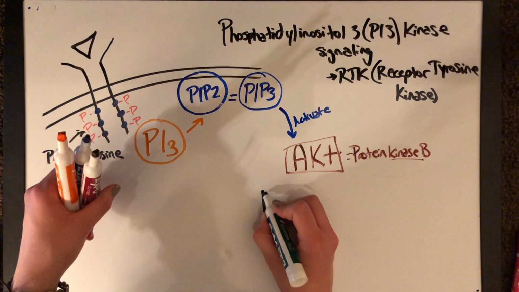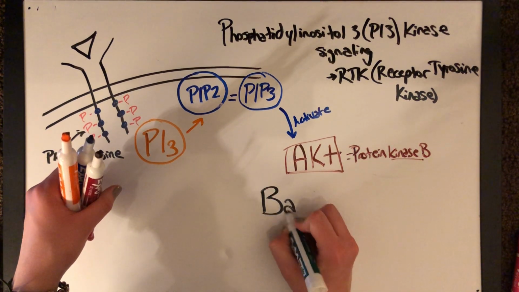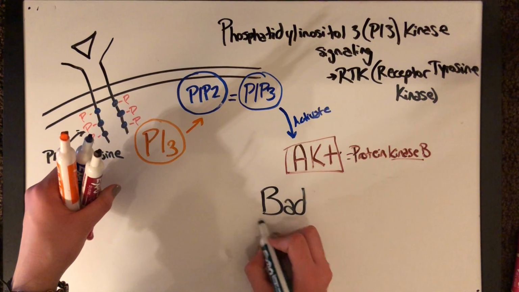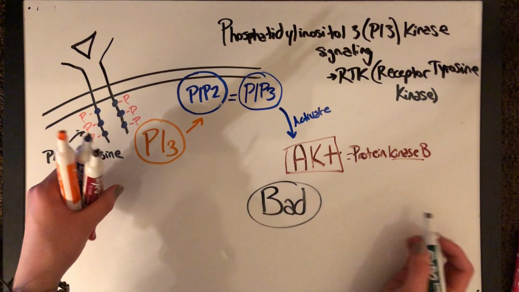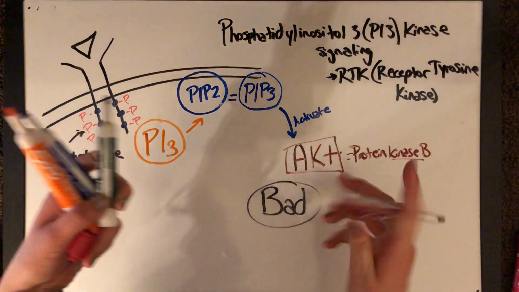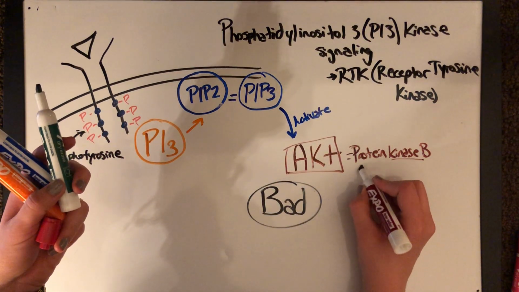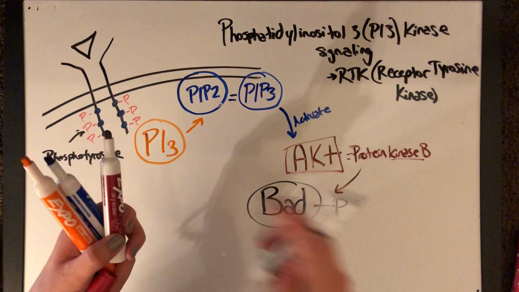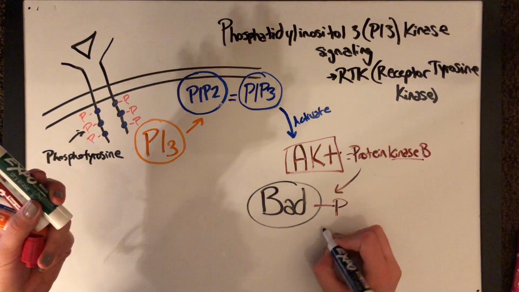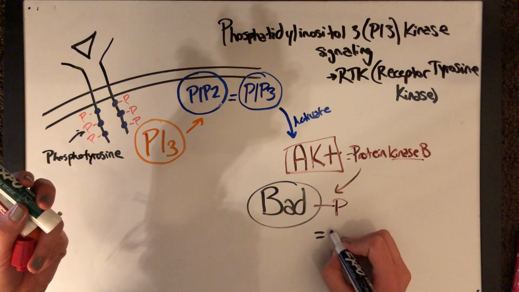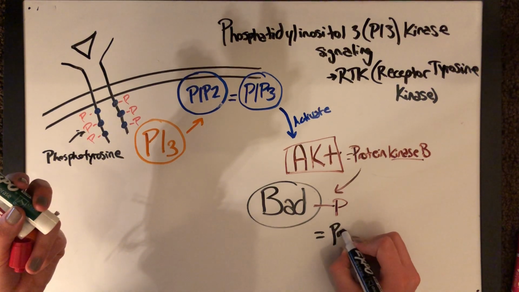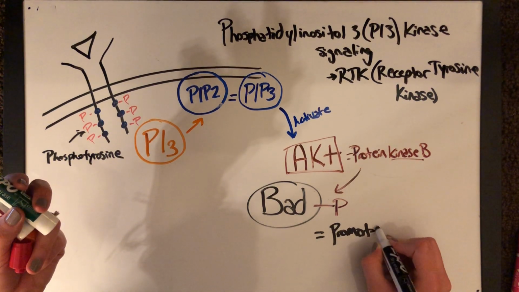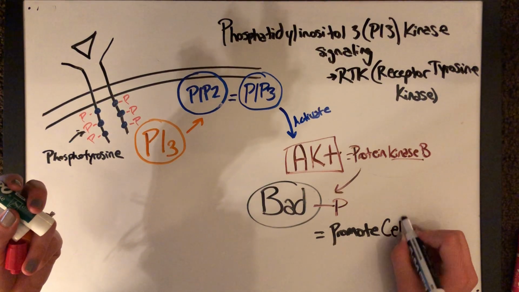BAD is actually a good thing, so it's a funny name, but we'll just do a circle. So protein kinase B is going to go and add a phosphate to BAD, and that is going to cause cell survival. BAD is going to promote cell survival. That's our end product of this pathway.